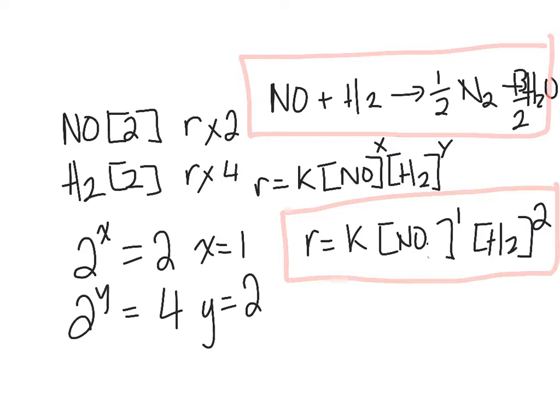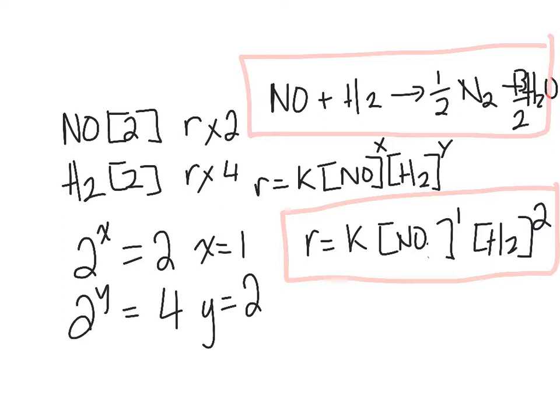We're talking reaction mechanisms here, right? Does this match up with this? No. The coefficients from this reaction would have to be the exponents in your rate law equation if this reaction occurred in one step, because the rate law expression comes from your slow step.